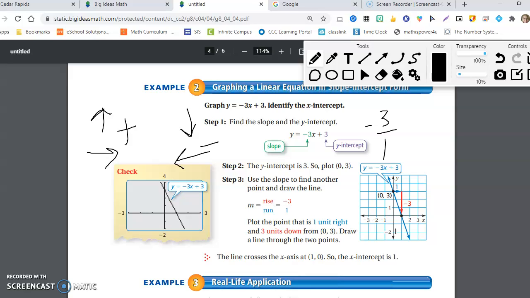So I'm going to go down 3, that's a negative movement, and to the right 1, that's a positive movement. One has to be positive, one has to be negative. Then I can connect that point to the point I plotted for the y-intercept, and that is my line. We can see that the graph crosses the x-axis at 1. So the x-intercept is 1.